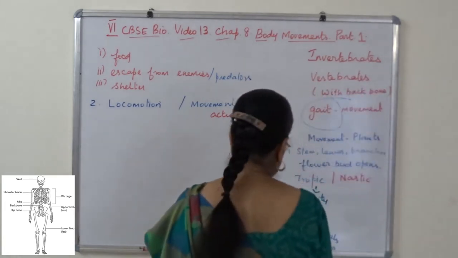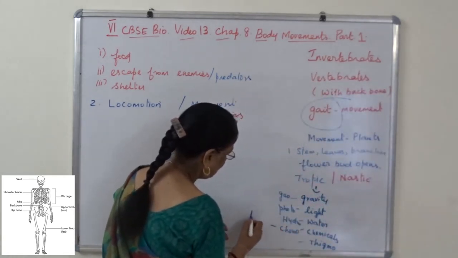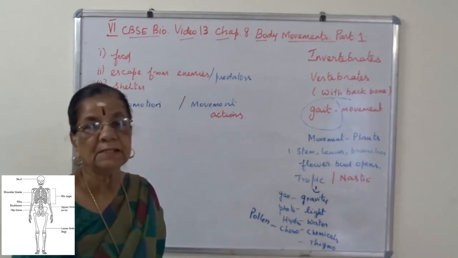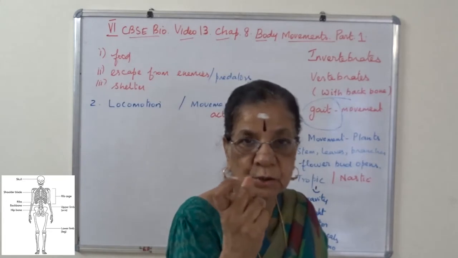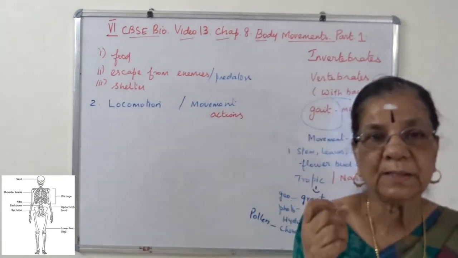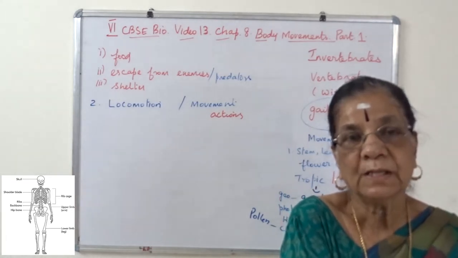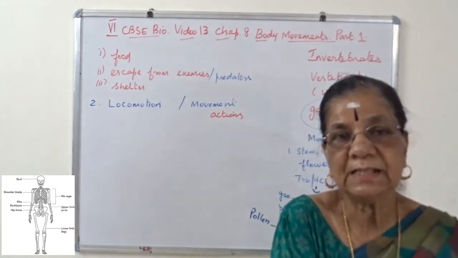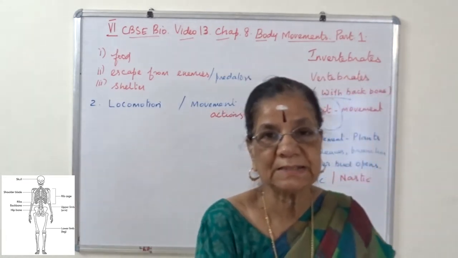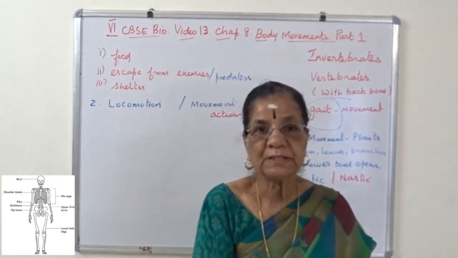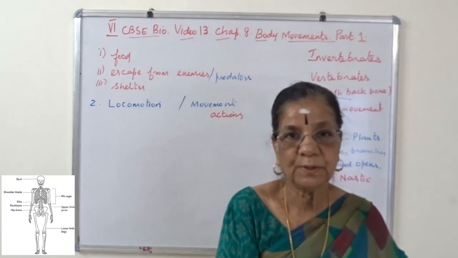Some parts of the plant show response to chemicals. Take the pollen grain: during fertilization, the pollen will start growing due to chemicals present on the tip of the stigma. In the lesson Getting to Know Plants, we learned about flower structure and then fruit formation. I hope you remember that.